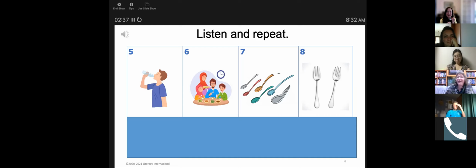But you get that tactile experience, engaging as many senses as possible. So if they can feel the coolness of the water, and they can smell the food, and they can feel the fork as they say those words, all of that sensory input helps them to retain the vocabulary.